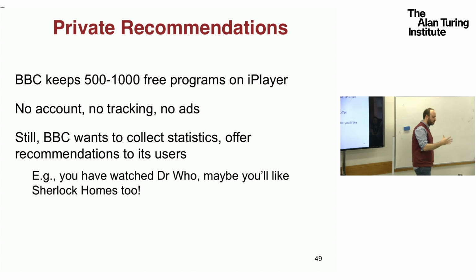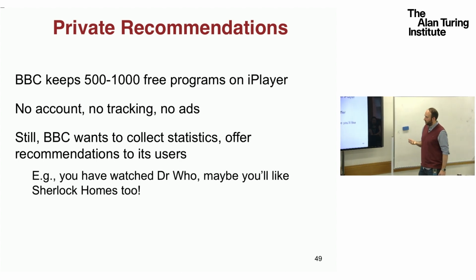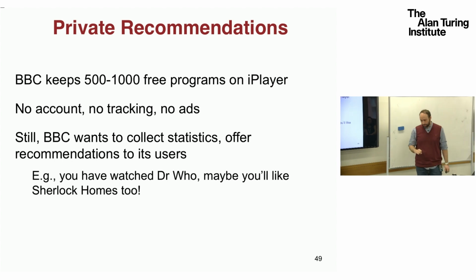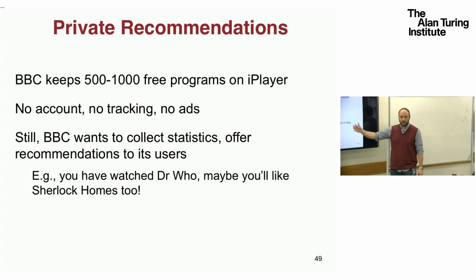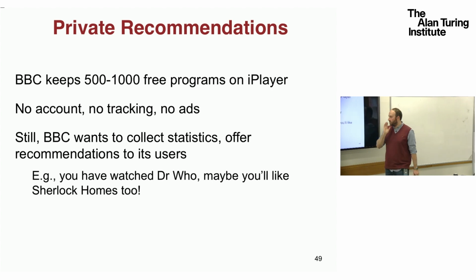You want to watch programs on that platform, usually a little bit below 1,000 programs, probably quite below that threshold. You can just go there if you connect from the UK. At some point, you just had to swear that you had paid a TV license. There was no account, as I said.